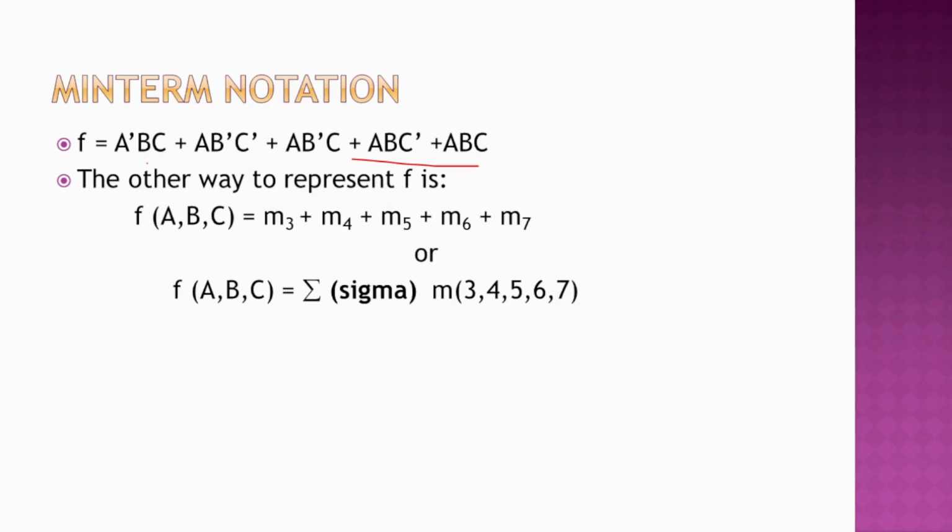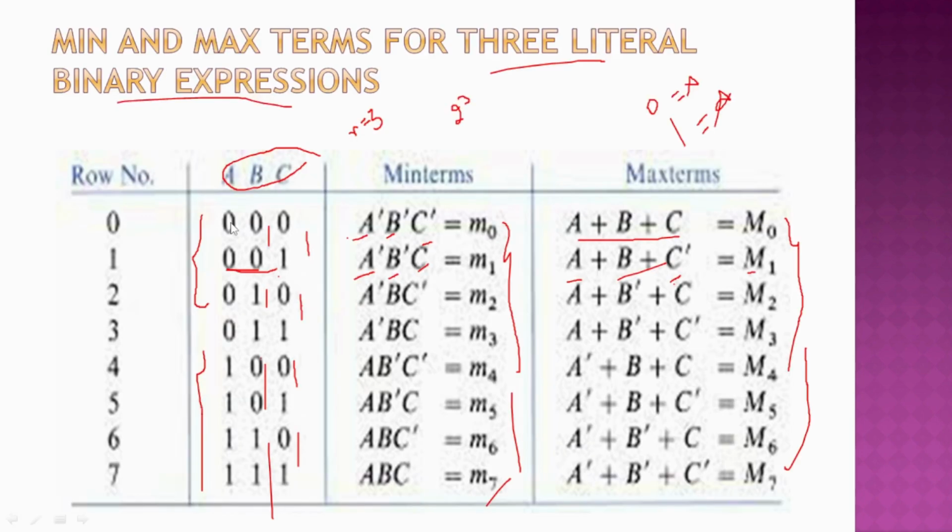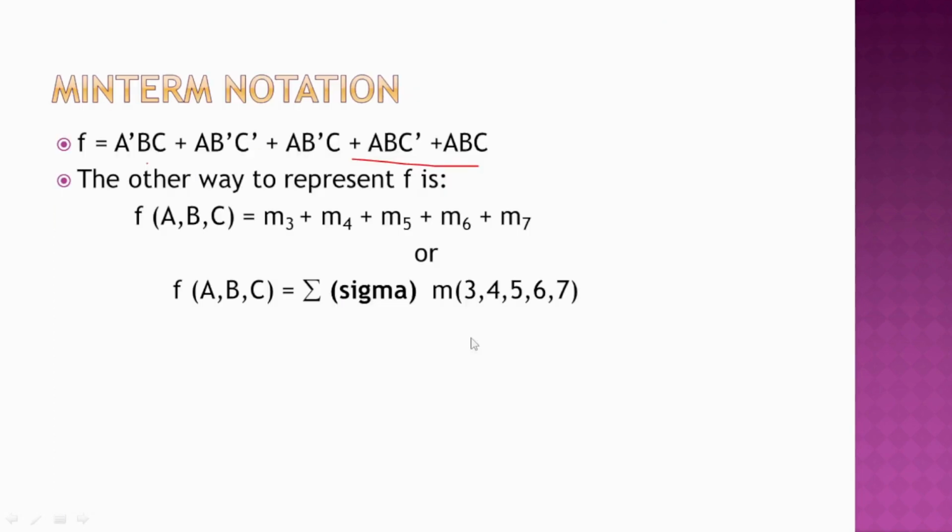First note down A dash BC. A dash BC is M3. So you need to represent that in minterm notation: M3 plus AB dash C dash.